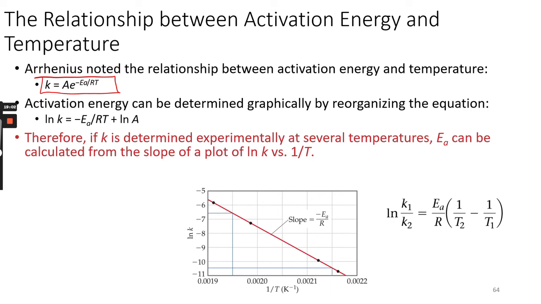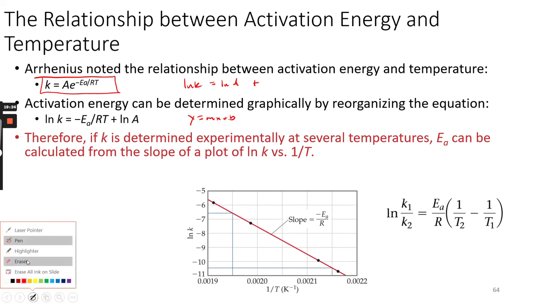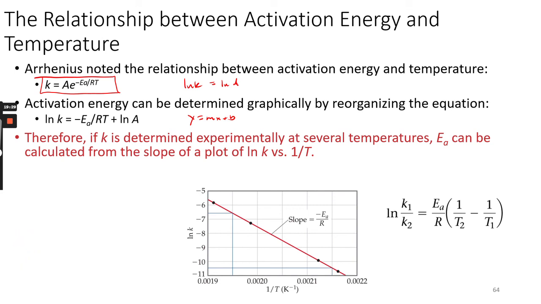And this is all nice, but it would be nice if we could rearrange this and write it in the form y equals mx plus b. So we take the natural log of both sides. And then we just rearrange it so that it's like y equals mx plus b.